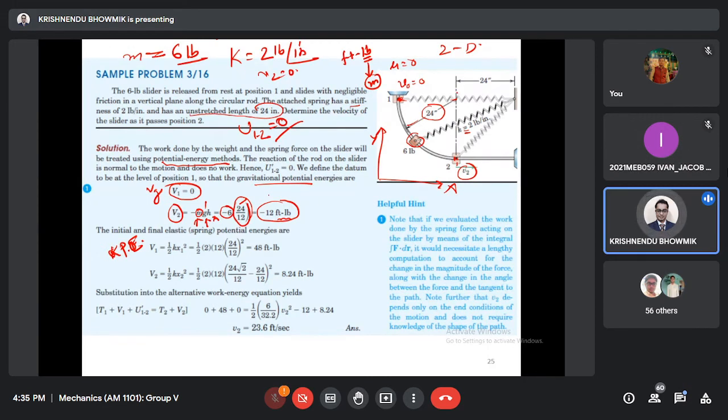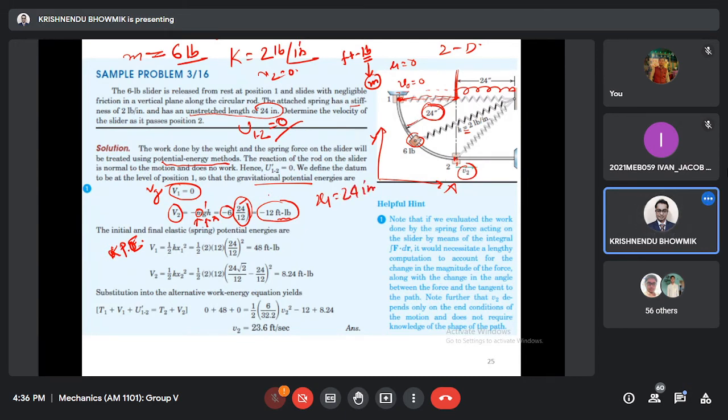So this was the unstressed condition. So x1 is 24. For 1, it has been stressed by this 24 inch. So x1 equals 24 inch.